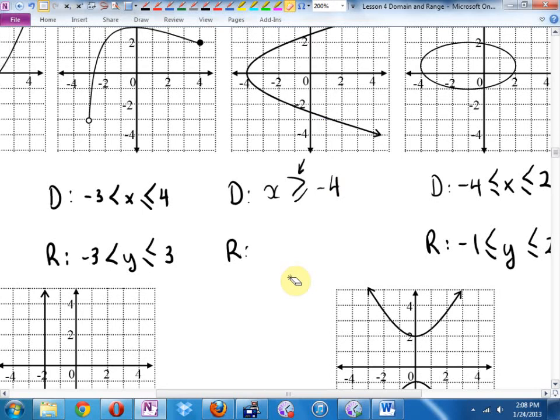We say that as all reals, which is short for all real numbers. Everything between negative infinity and positive infinity. We don't write that. That's too much writing. We say that, but we have an abbreviation for that. First of all, range, X or Y?